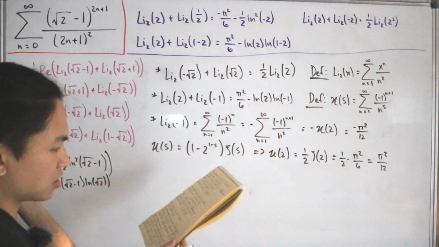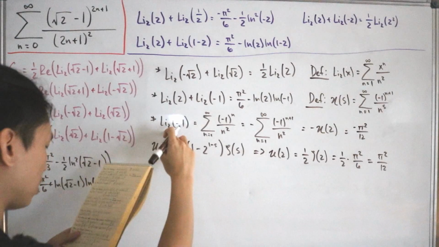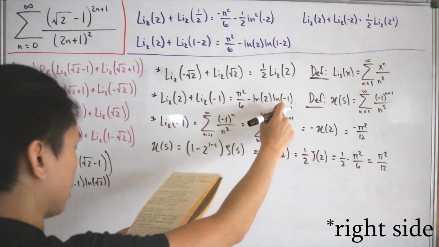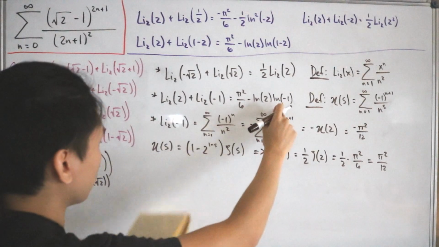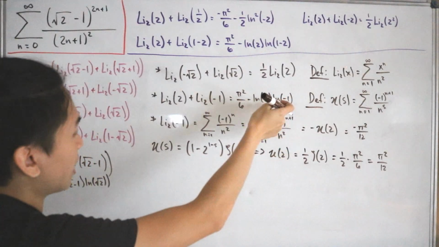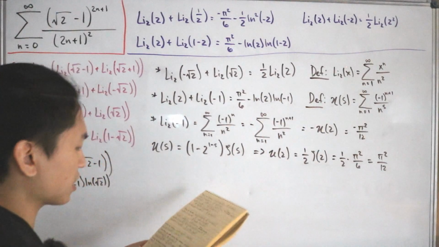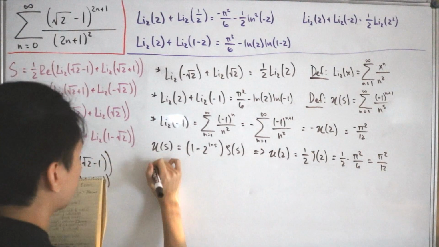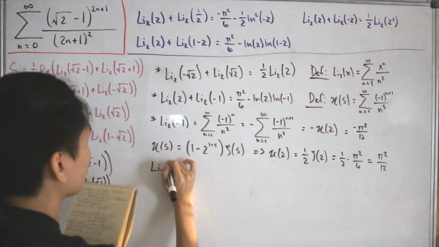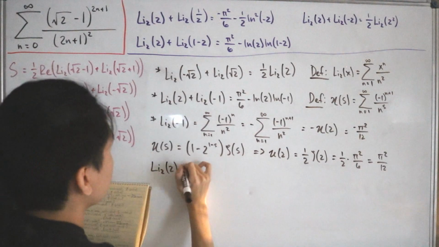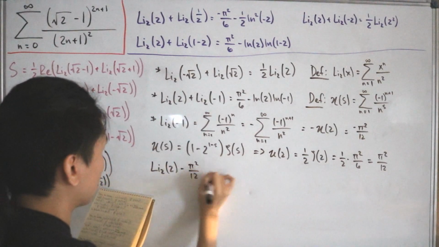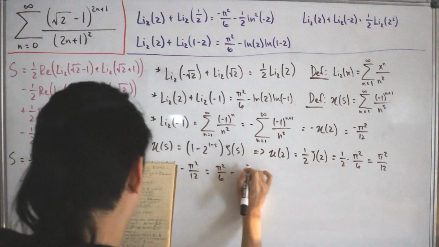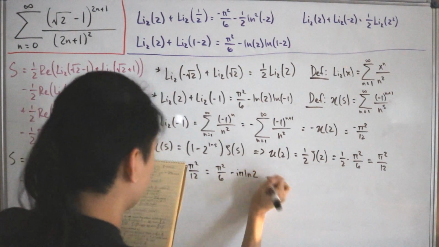Okay, now that that's done, we have our dilogarithm at negative 1, and now going back to finishing the left-hand side, I can supply the principal branch, and so negative ln of negative 1 is the same thing as i times pi. If I put this back in, so far we have the equation: the dilogarithm of 2, subtract pi squared divided by 12, is equal to pi squared divided by 6 minus i times pi times ln of 2.